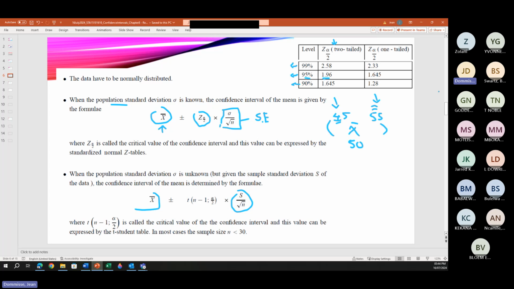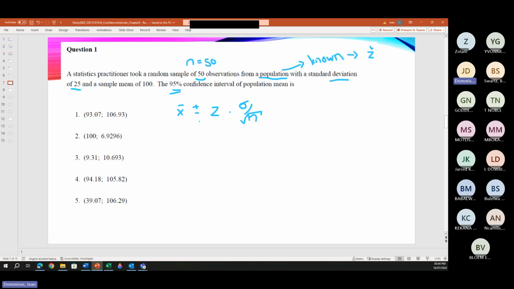So for 95%, we can always say the Z of 95 is 1,96. You don't need to go to the Z table or anything like that to prove it. We know it is 1,96. Okay, so now we can complete the rest.